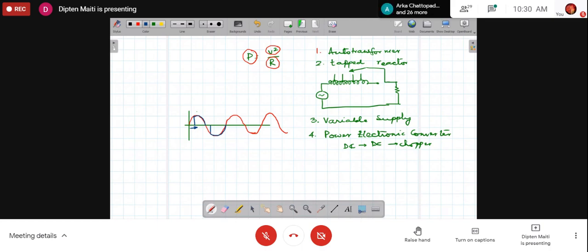So we can do the same thing without converting to DC. That would be called phase control operation of the converter. That can be done by using an ACR, or back-to-back ACR, or triac directly.